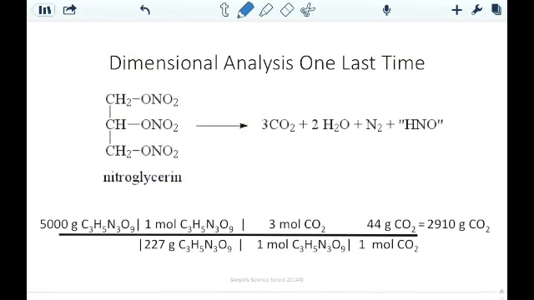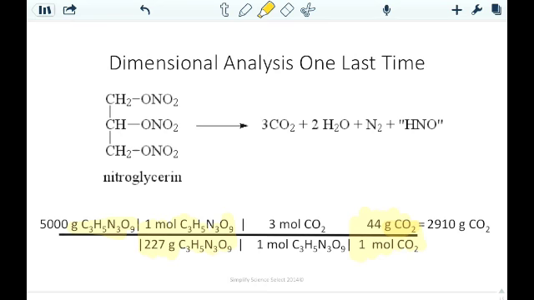All right, so let's look at dimensional analysis one more time. In this case, we're going from grams to grams. So anytime we see grams, we're going to need our molar mass, and there's the molar mass, and there's our molar mass. So we have our nitroglycerin molar mass and our CO2 molar mass.